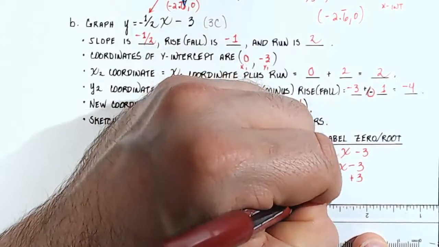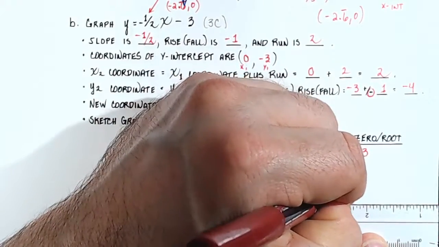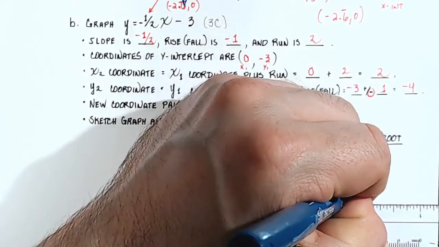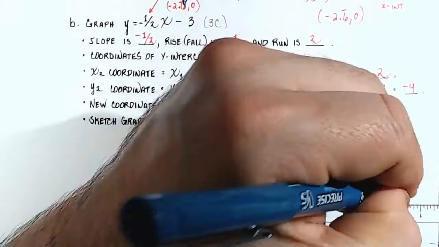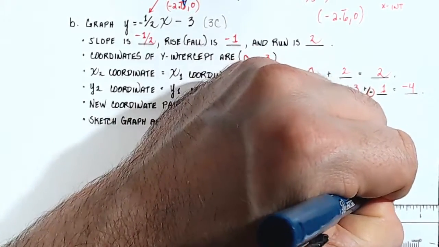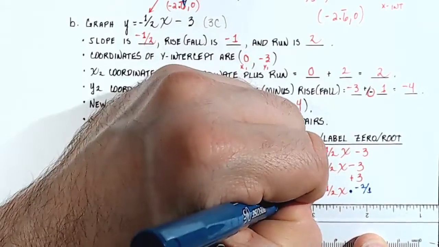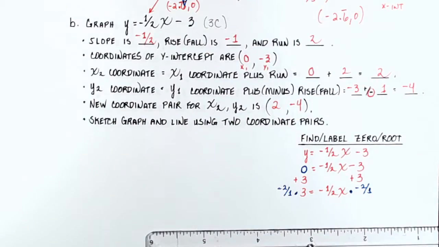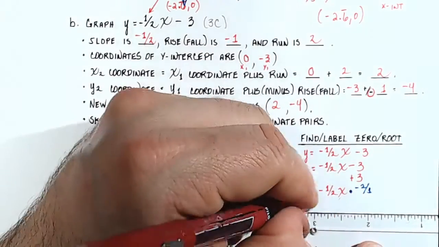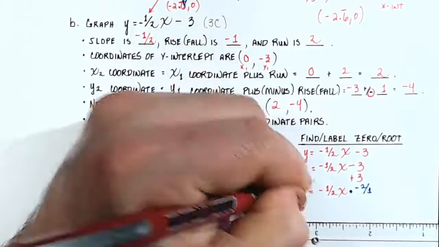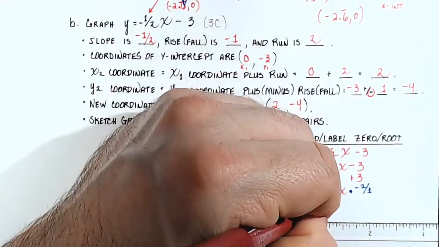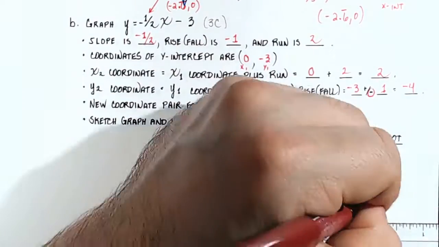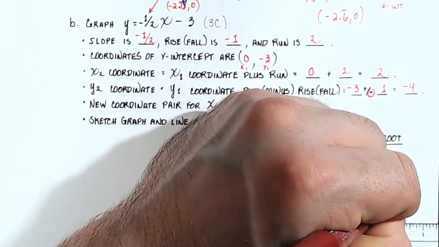So now I have 3 equals negative 1/2 x. And to get rid of that negative 1/2 on the right, I will do keep flip change and multiply by the reciprocal, negative 2 over 1, on both sides. So negative 2 times 3 gives me negative 6 over 1, which is negative 6, and that is the x-intercept at negative 6. The coordinates are negative 6, comma 0.